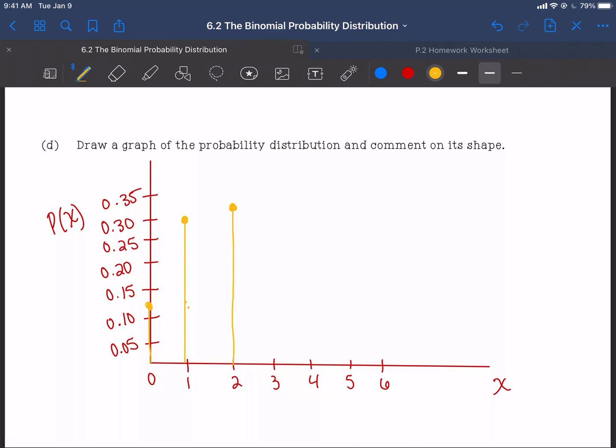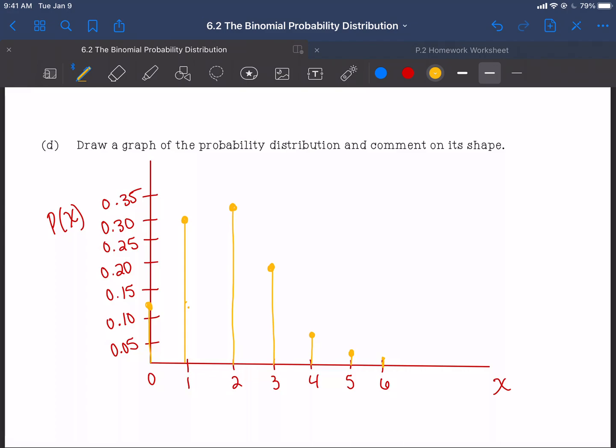For 3, it was 0.19 approximately. X equal 4 was 0.06. X equal 5 was 0.01. And x equal 6 was 0.0007, so that was really small.